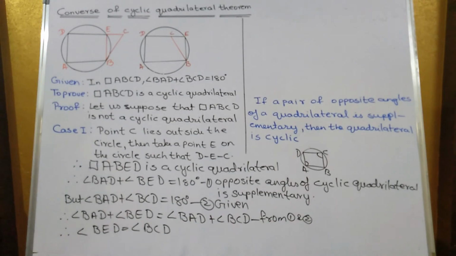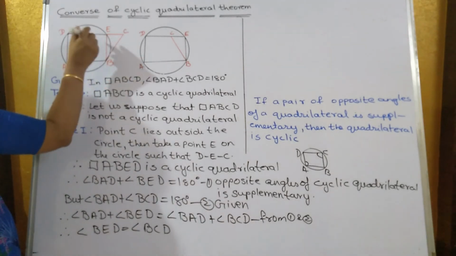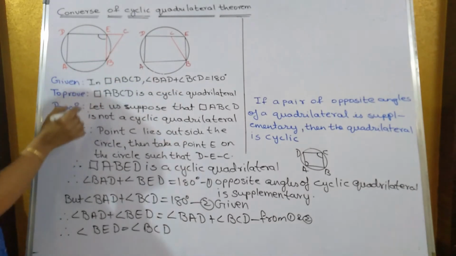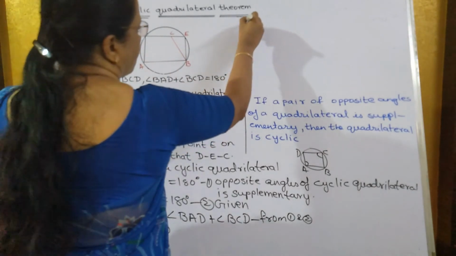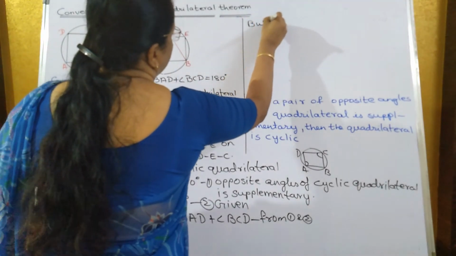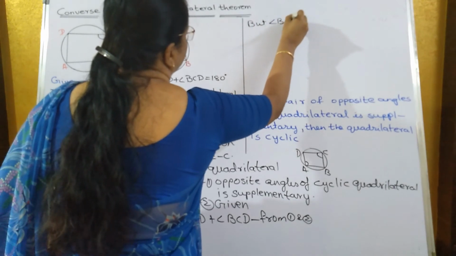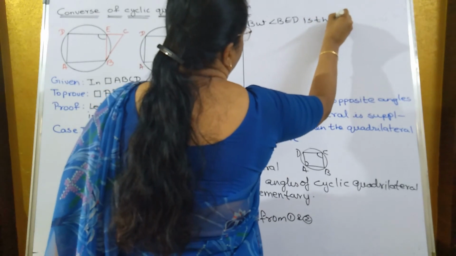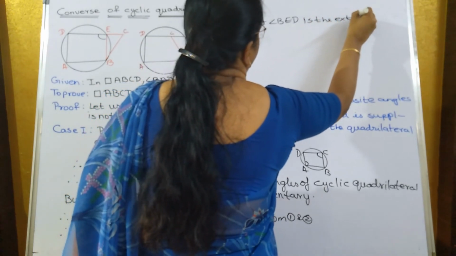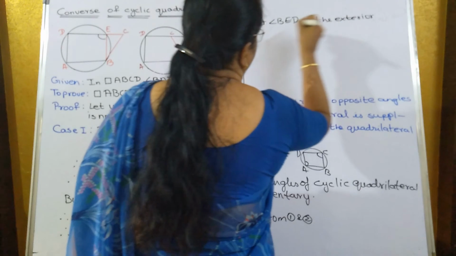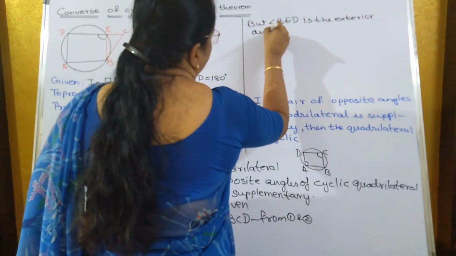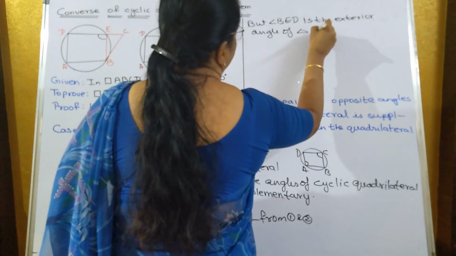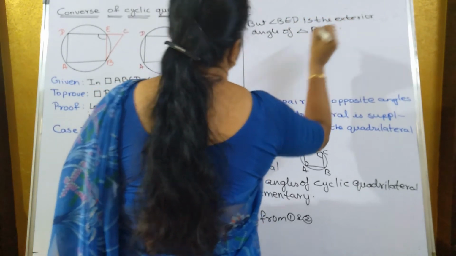But look over here, BED, that is this angle, is the exterior angle of triangle BEC.